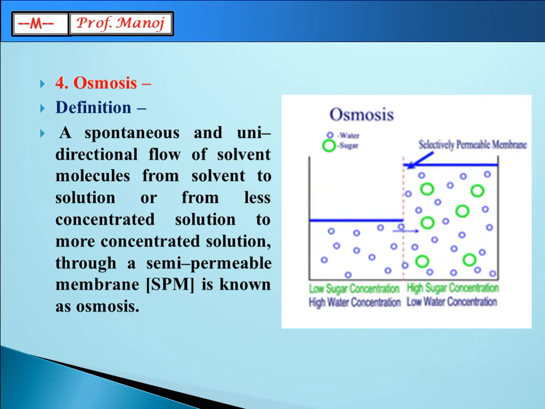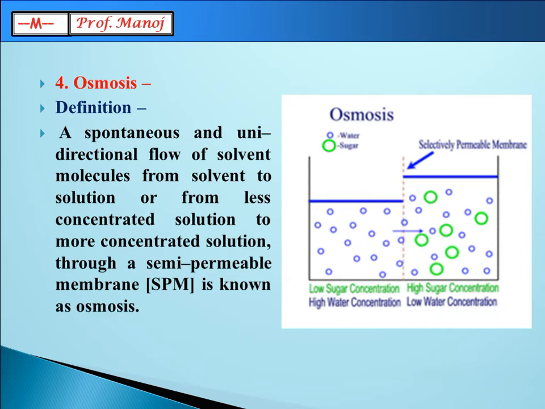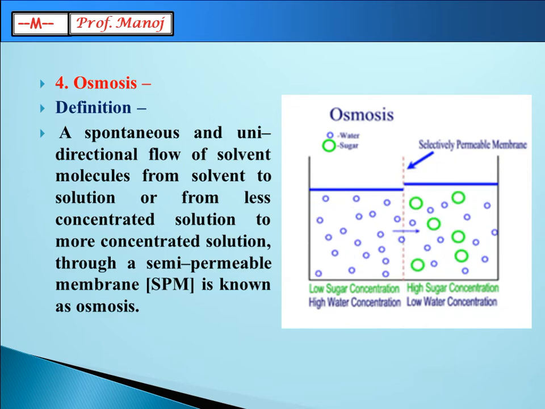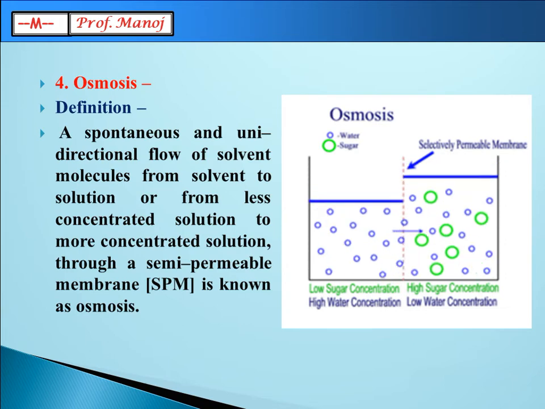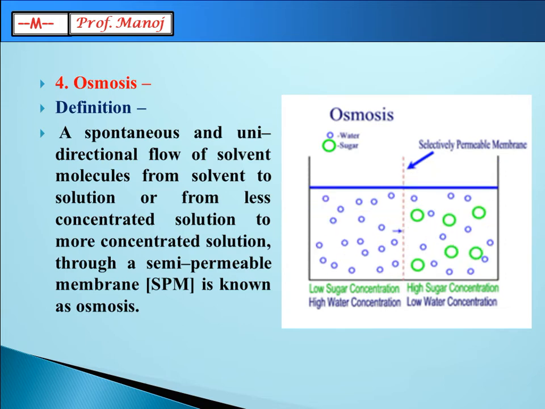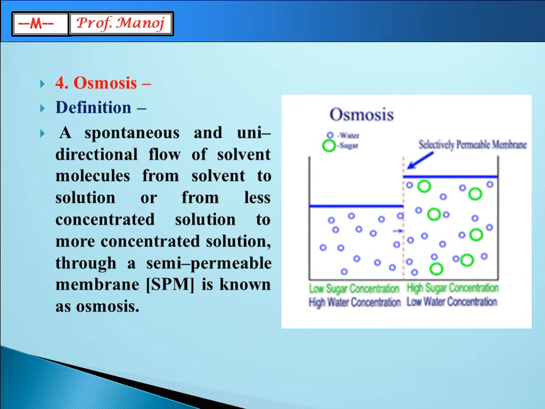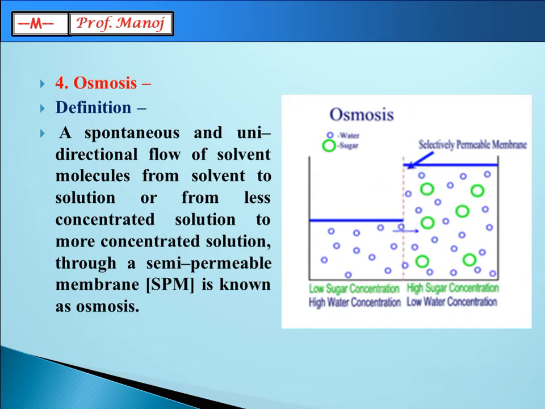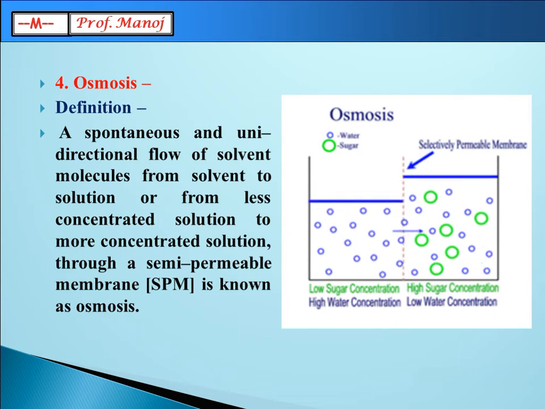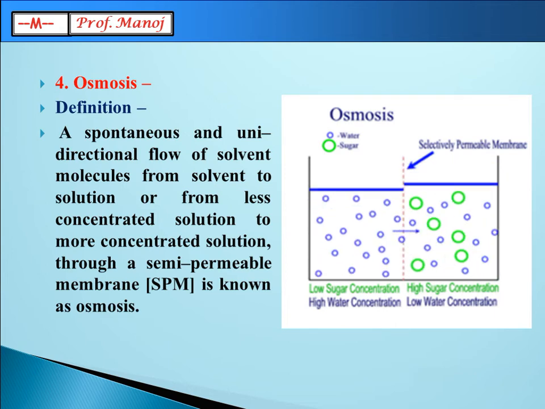The blue circles you can see are of water, and they are traveling from left compartment to right, or dilute to concentrated. We can also see as the flow happens, left hand side compartment meniscus goes down, right hand side increases. This process is termed as osmosis.